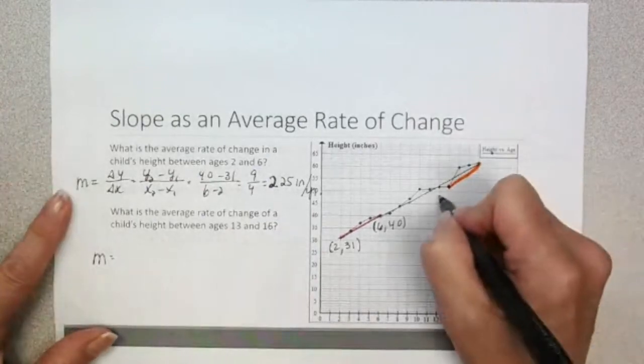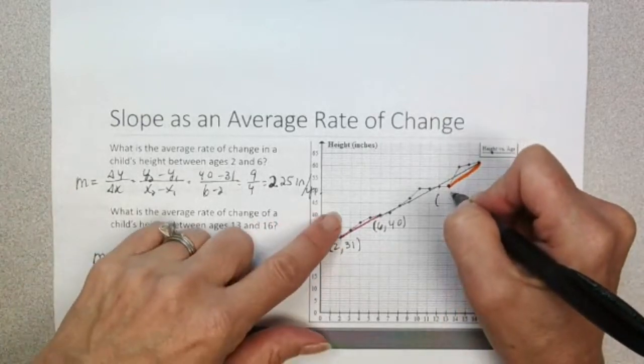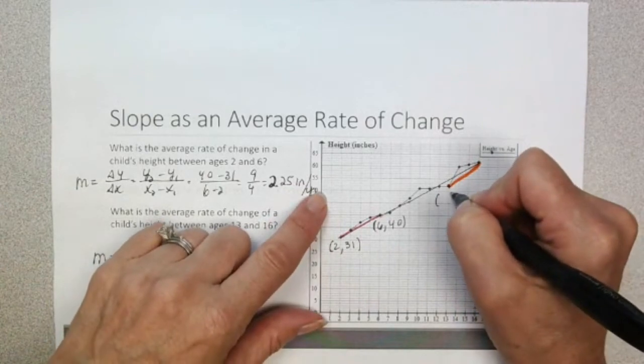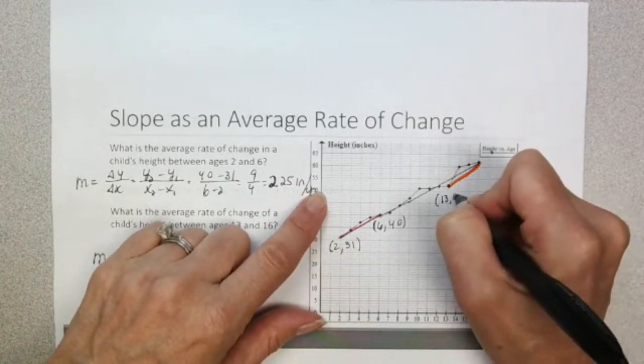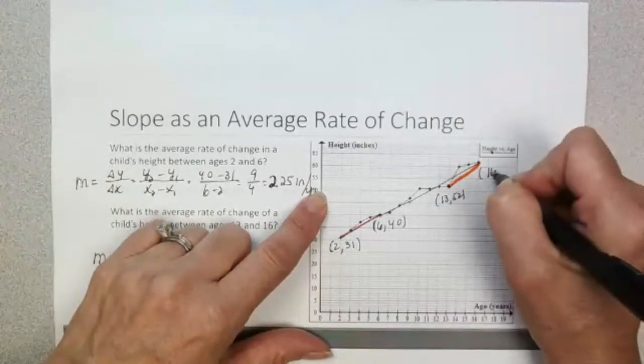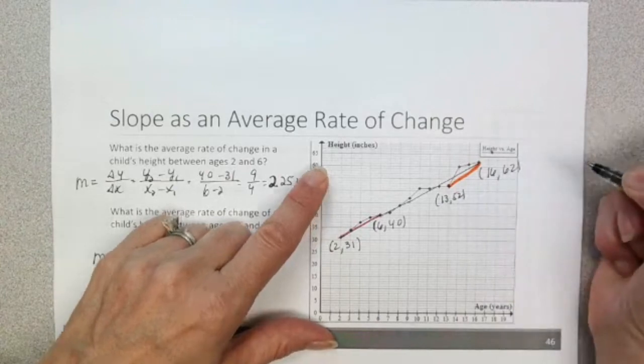Well, the coordinates of 2 points: at 13, this child was 52 inches, and at 16, this child was 62 inches. I think that's what that is.